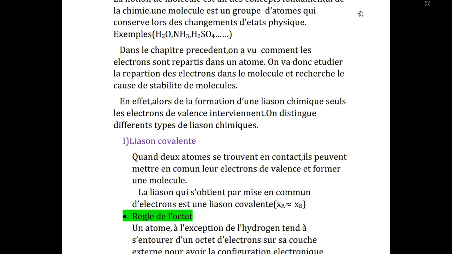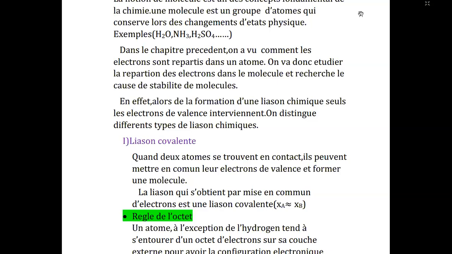I don't know how the timetable is for the engineers. I might have a class for Chimie General. Chimie General and Atomistique are almost the same, so you guys doing Atomistique can still come and attend Chimie General because we're doing almost the same thing. You can go ahead with liaison chimique.